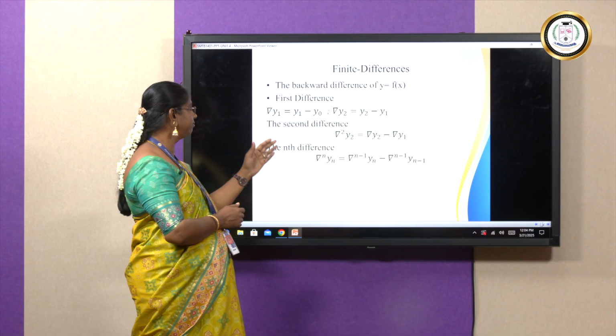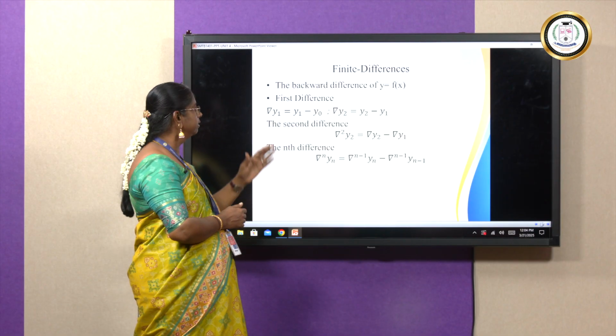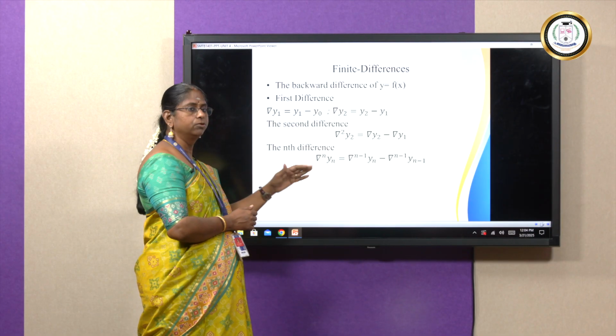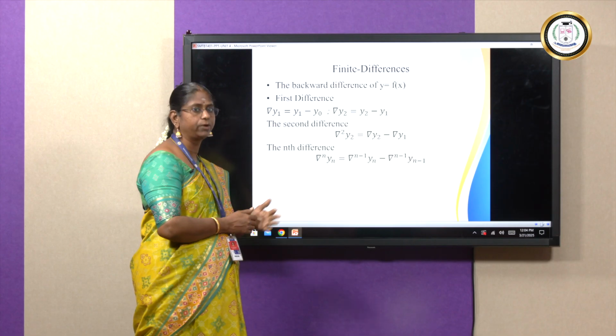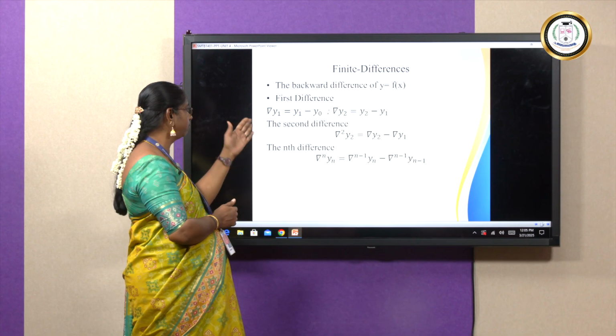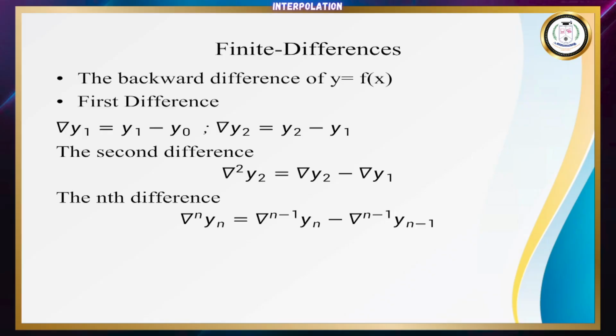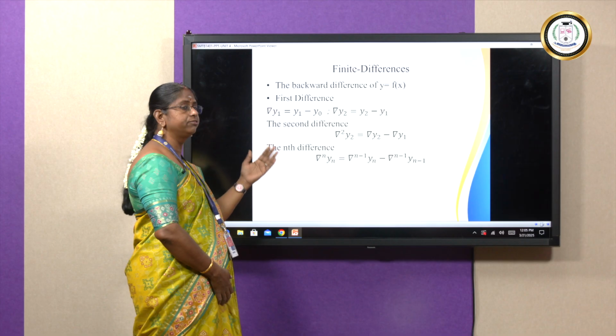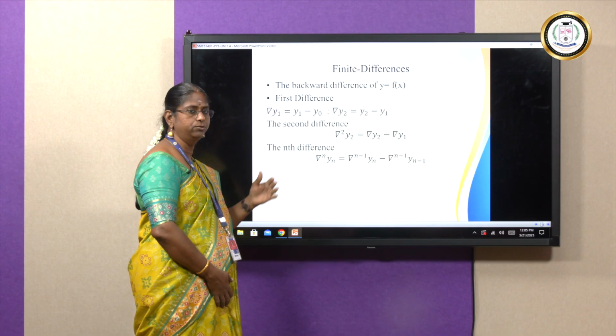Similarly, the second difference is determined here, that is del square y2. So we can't find del square y1, for the same reason I gave for del y naught. Now, what is del square y2? Del square y2 is equal to del y2 minus del y1. Like this, I can find del square y3, del square y4, and so on.